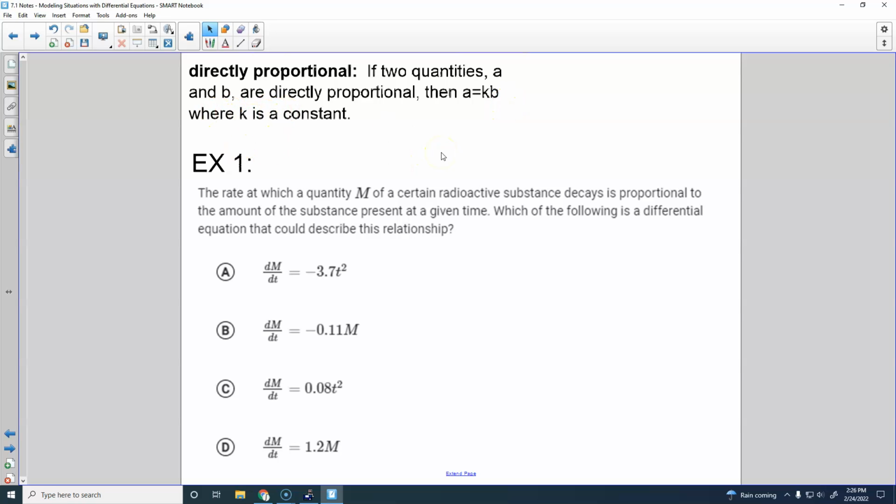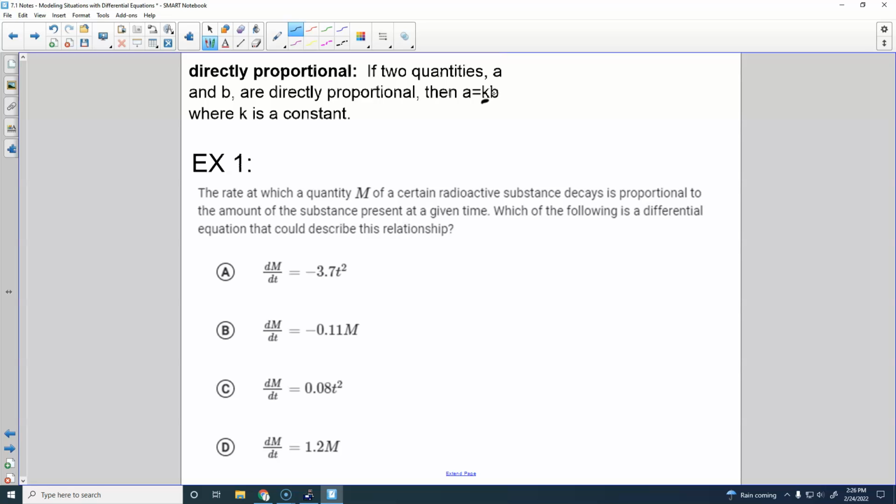One thing I sometimes tell people to think about for direct proportionality is it's similar to your wages. That K is like your wages. Your income is directly proportional to the amount of time that you work, assuming you're paid hourly.